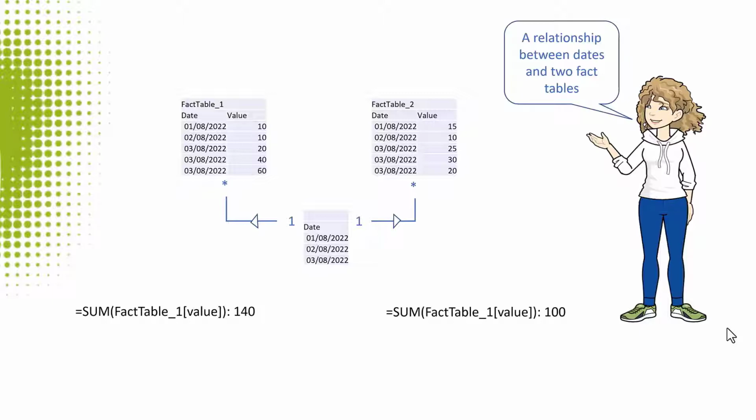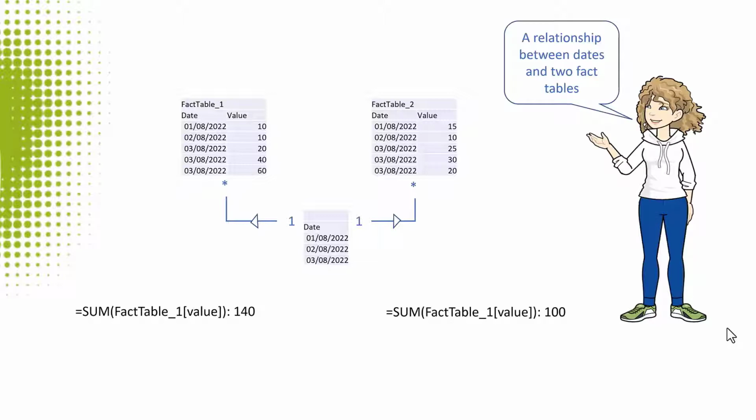So looking at this, you can see it's a normal relationship, a one-to-many relationship between my fact table 1 and my fact table 2. And I also added a measure, an aggregation. I sum both columns. As you can see in my fact table 1, I got the result of 140. And in my fact table 2, I got the result of 100.